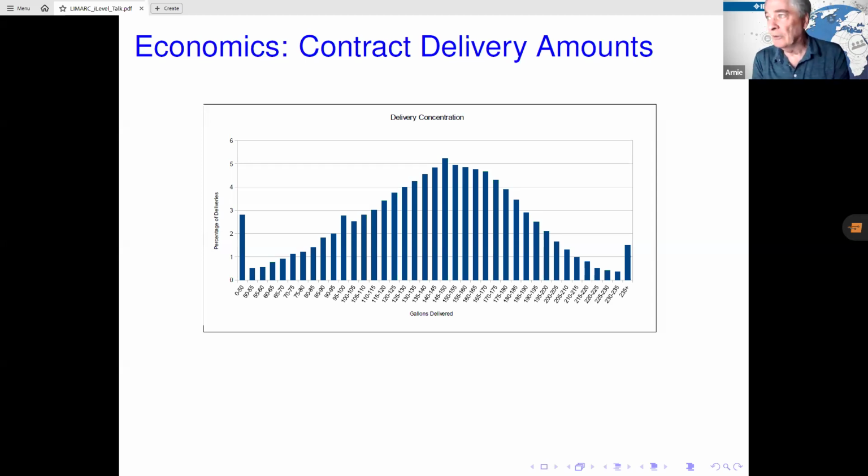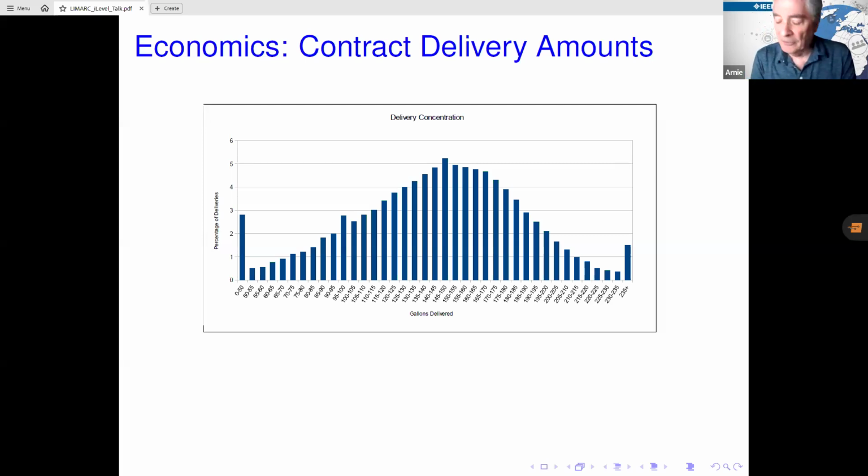And then 1.5% of deliveries are to fill up the tank completely, and that's the far right. But the greatest percentage, the maximum number, is about 5% of deliveries are between 145 to 150 gallons.